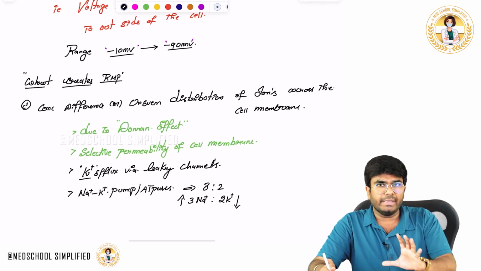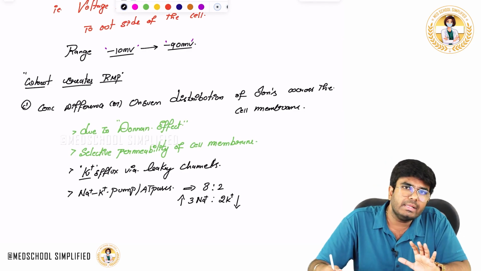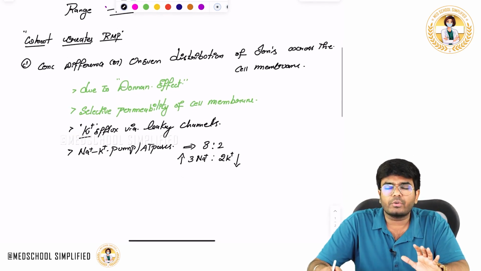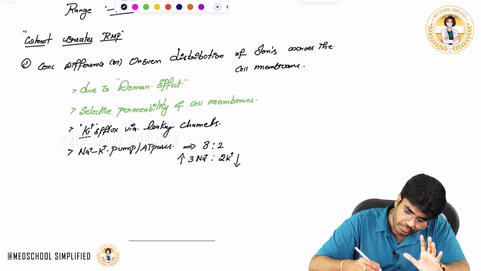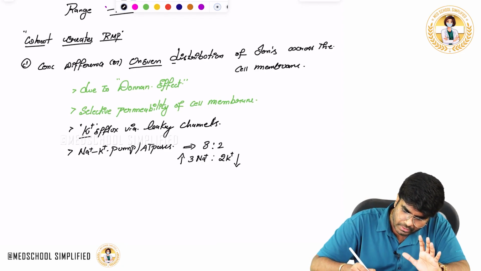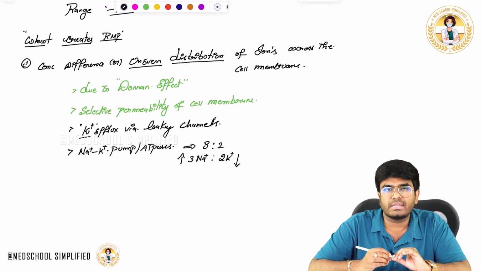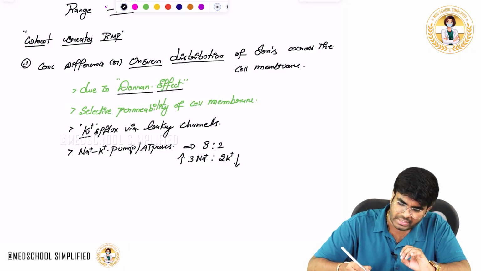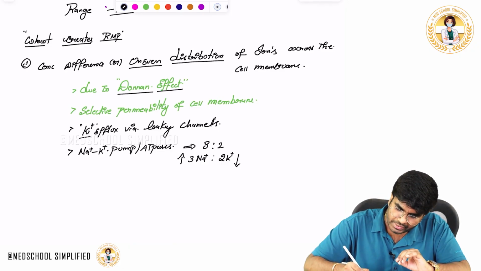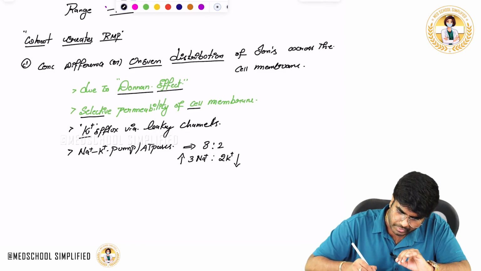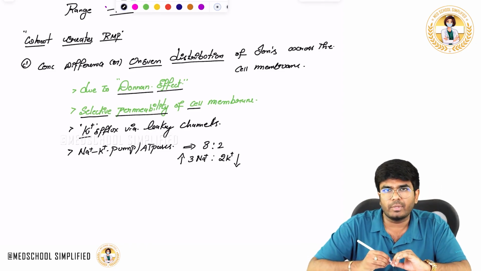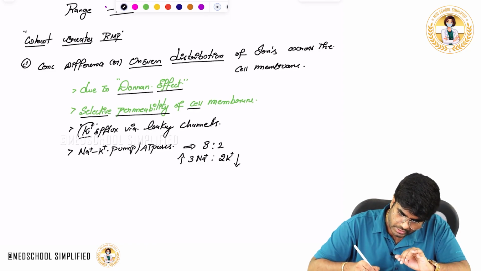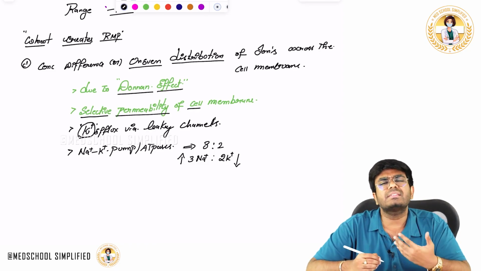I will explain in detail how the resting membrane potential is created. But point number 1 which I want you to know is that there is unequal distribution of ions. That unequal distribution of ions is due to Donnan's effect. Your cell membrane is selectively permeable. It allows certain ions to pass through the cell membrane easily.